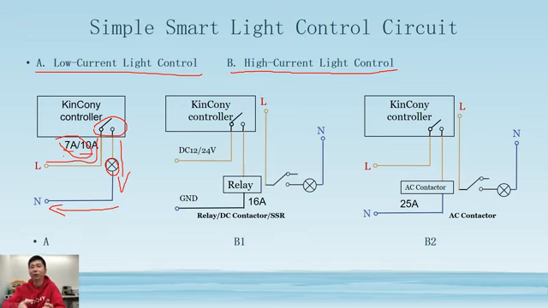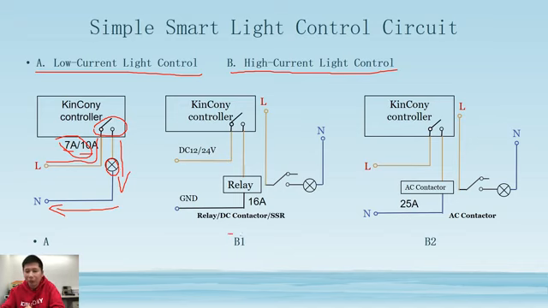Maybe half of the ampere is safe. And if you use the 10 ampere relay, make sure your lamp is smaller than 5 ampere. That gives enough safety for your relay and your lamps. So this is the simplest one, just let your controller's relay control your lamp directly.